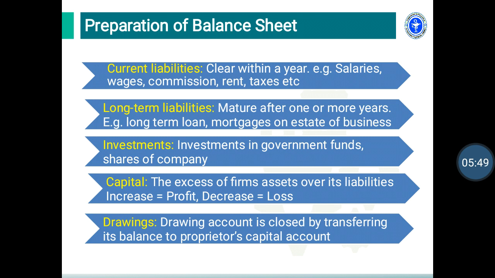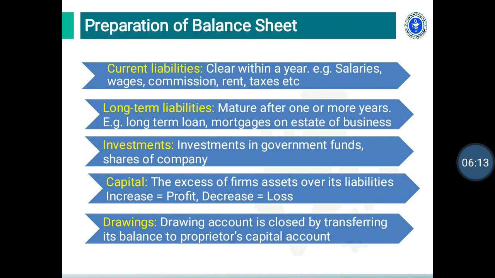Drawings are the sum of money or goods withdrawn by the proprietor from the business for his personal use. Drawing by the proprietor has the effect of reducing the balance in the capital account. Therefore, the drawing account is closed by transferring its balance to his capital account.